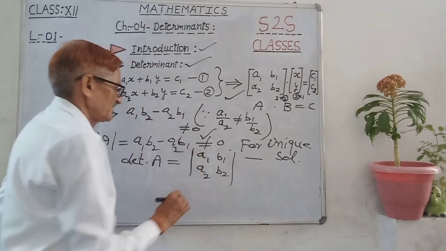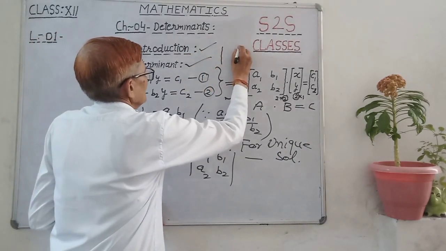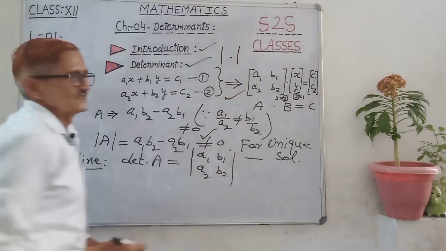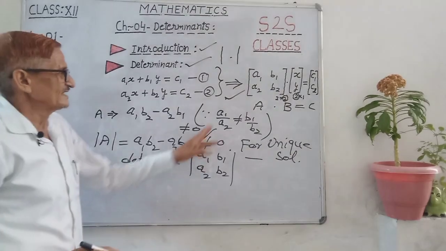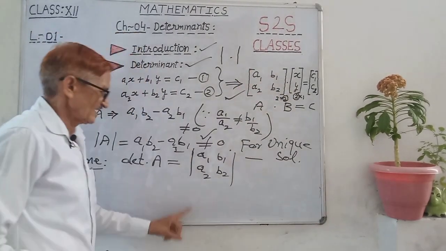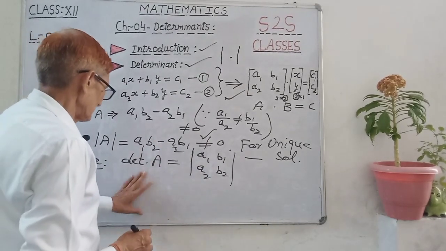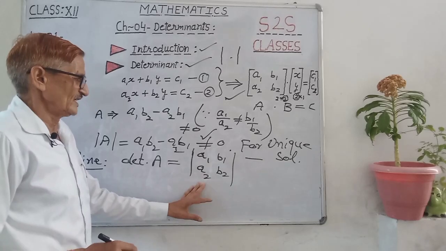This is the symbol of determinant. This is the determinant symbol. The matrix symbol is a square bracket; only here, with vertical bars, this is the determinant. So the determinant of A is equal to this.